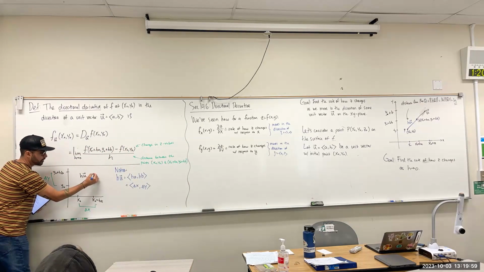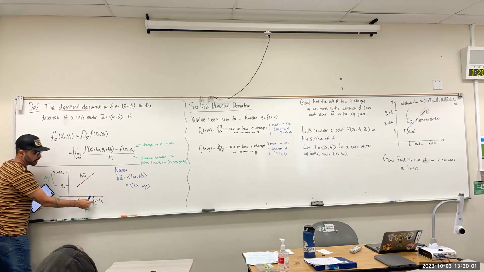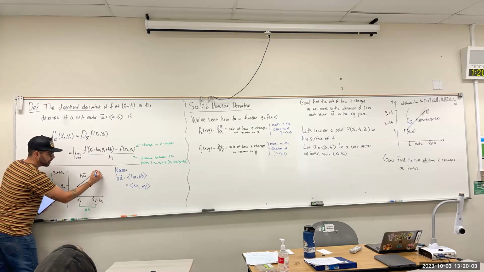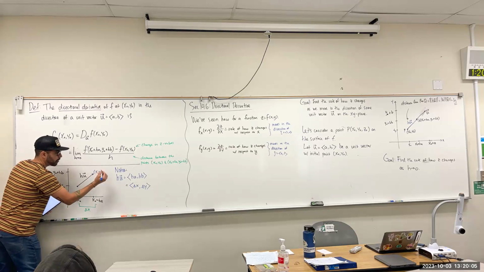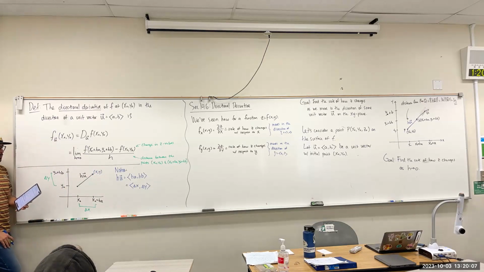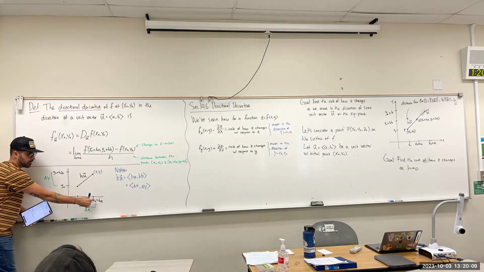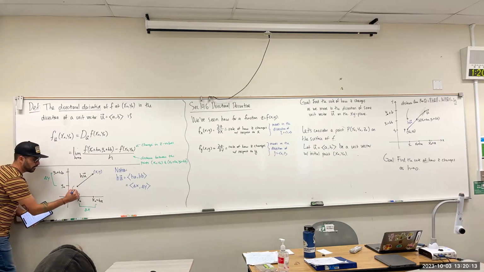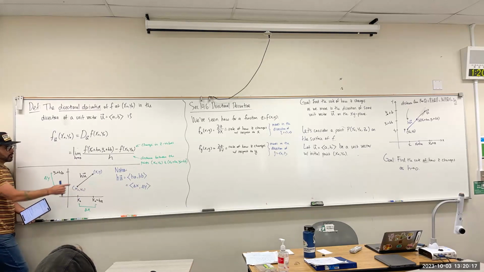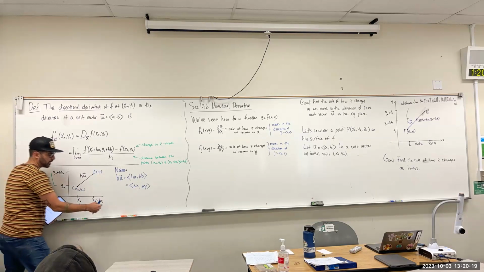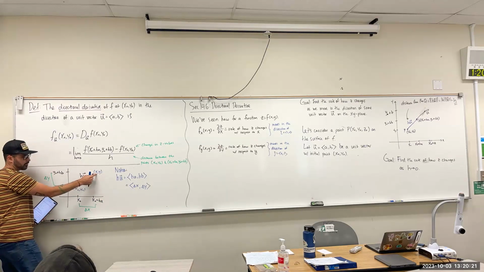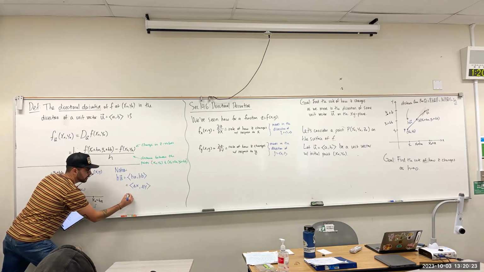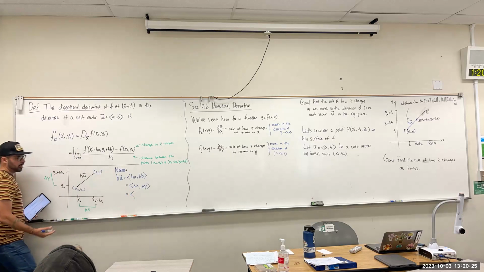So we know that this is x naught plus HA. If this is just some arbitrary point (x, y), which right now is this guy, and this is (x naught, y naught), then the way we would compute that change delta x is we would subtract this x coordinate from this x coordinate, the way you've been doing it since Calc 1.